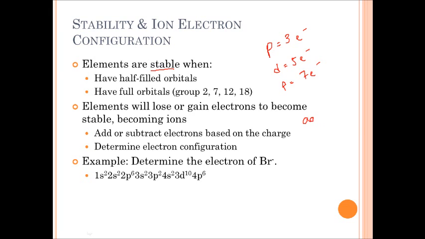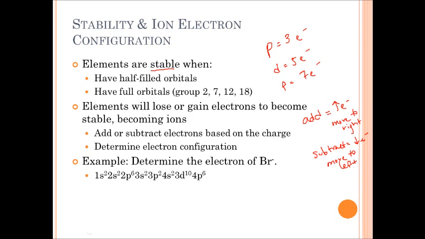So if you add electrons, you're going to increase the number of electrons, so you move to the right. If you subtract electrons, you're losing electrons, so you move to the left. And whatever new element you land on is the element whose electron configuration you figure out.